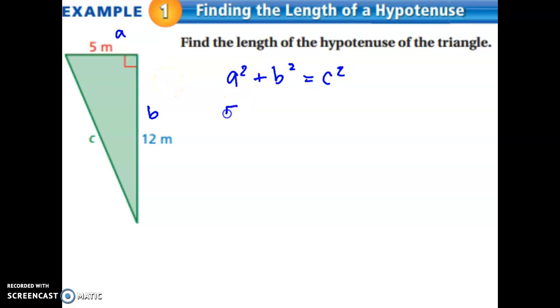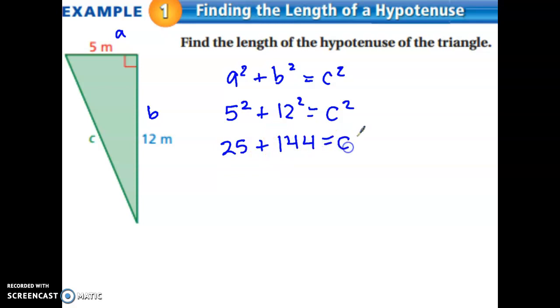So let's plug in our numbers. So 5 squared plus 12 squared equals c squared. And we're going to try and simplify this. So we have 25 plus 144 equals c squared. That's going to give us 169 equals c squared.